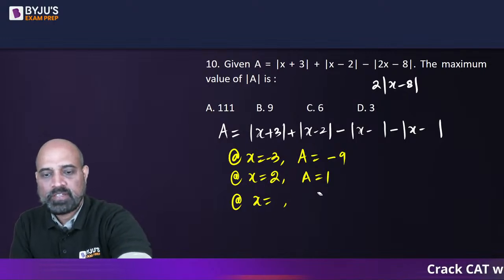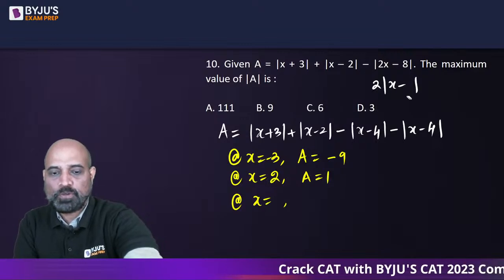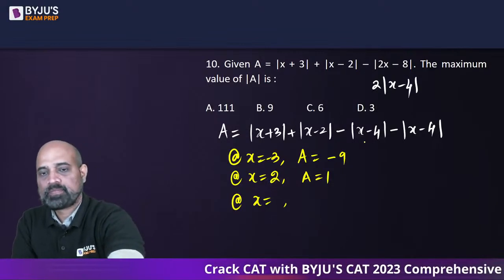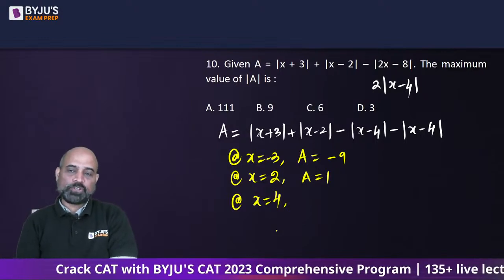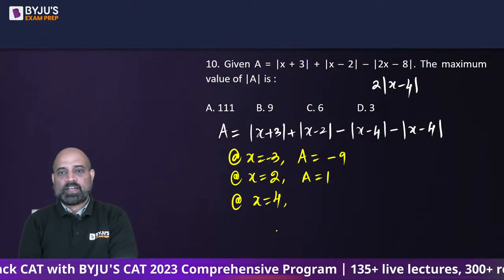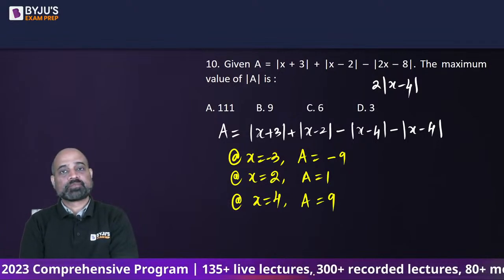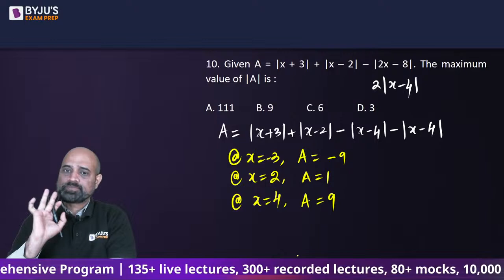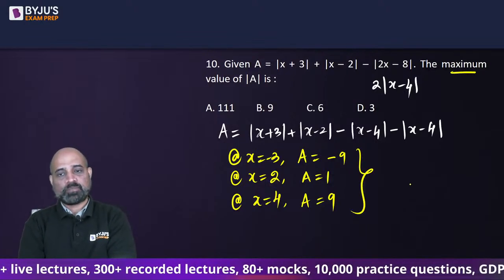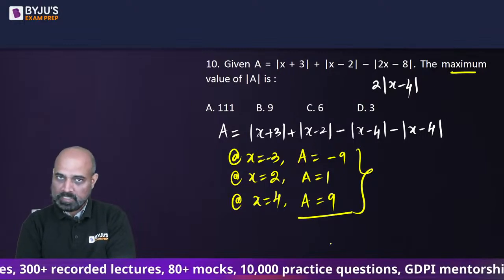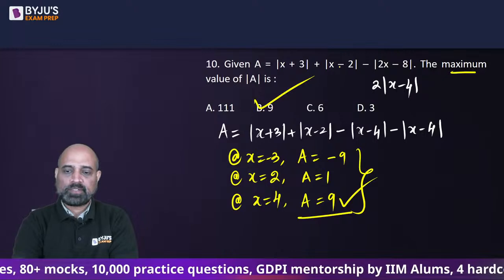I'm sorry. 2 comes out common so 4 remains. So at x is equal to 4, now the third mod is going to become 0. And I will have 7 plus 2, that will give us A is equal to 9. Pure common sense. Look at the options and see which one is the largest. Maximum means the largest one. The largest is 9, so 9 becomes your answer, right?